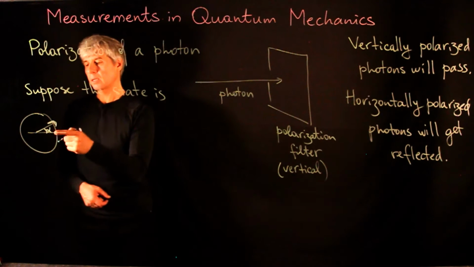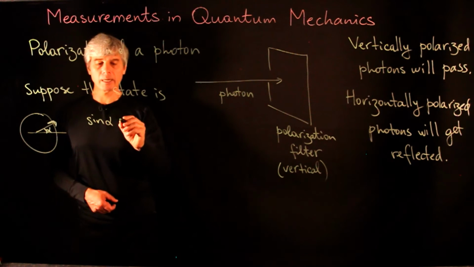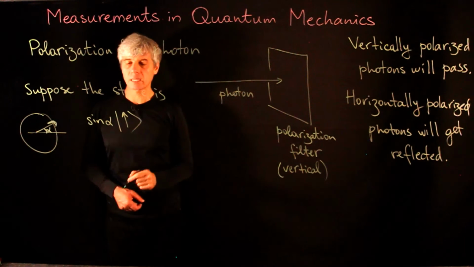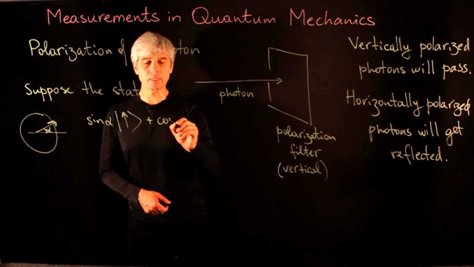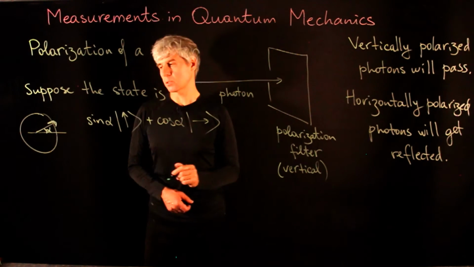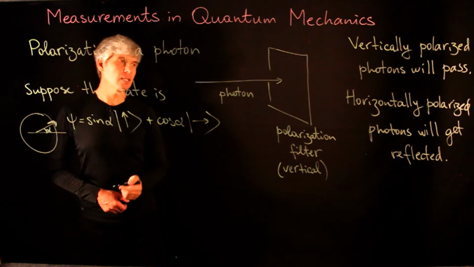So then the state will be sine alpha times the vertical state plus cos alpha times the horizontal state, right? So suppose we have a photon in this state.